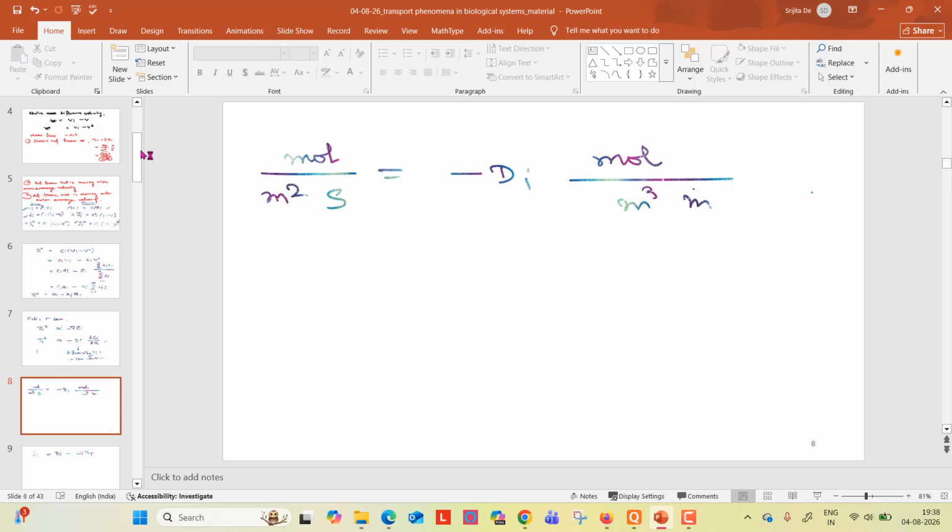So mole will cancel out, and we get meter to the power 4 and meter square, so it will be meter square per second. So the unit of Di will be meter square per second. It is the coefficient of diffusivity.